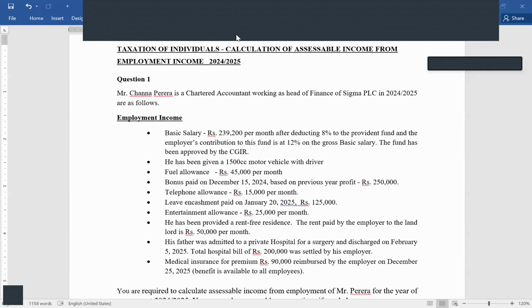Is it liable? Telephone allowance. If so, what is the amount?